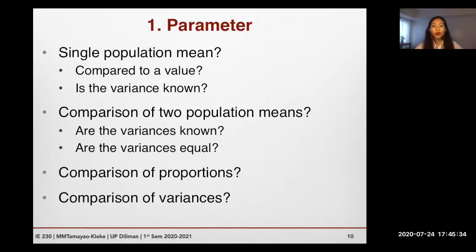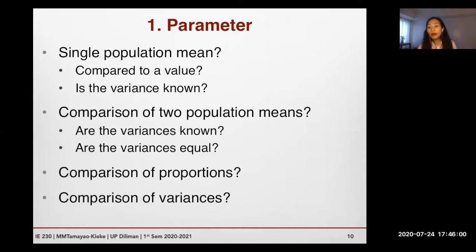The problem could also call for the comparison of two population means, as in the case of the Portland cement example, where we are comparing the means of two factor levels, namely the original formulation and the modified one. Now, again, we ask if the variances of the populations are known and whether they are equal.